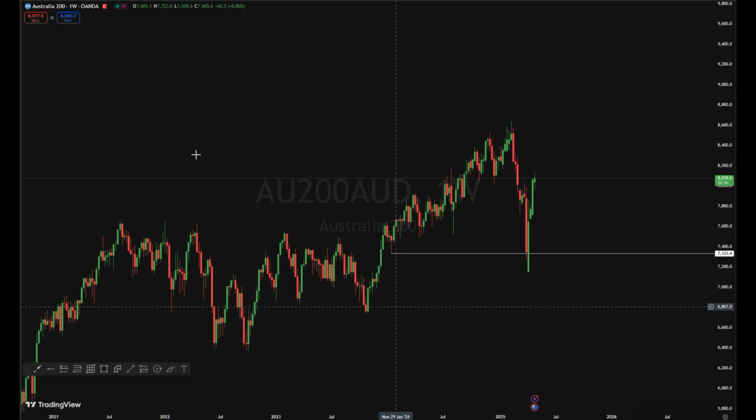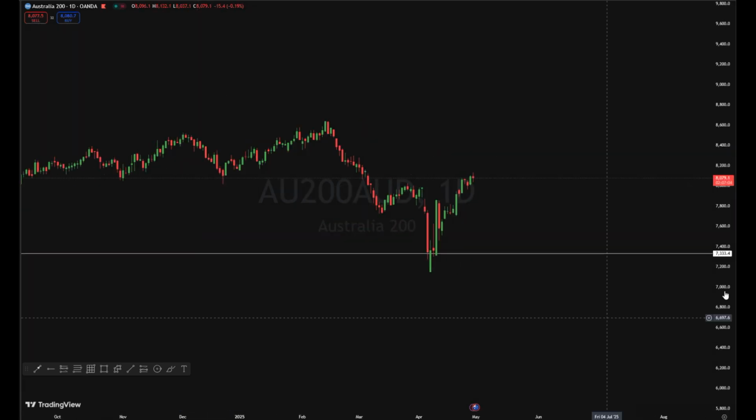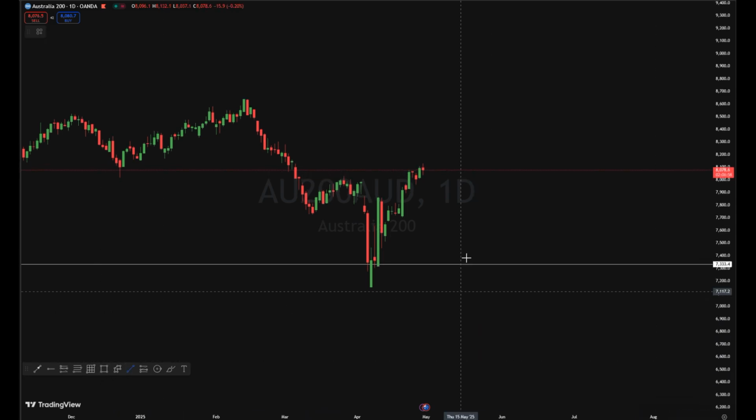Okay, right now we go straight to the daily and see the rejection on the hook point level. As I've explained, I just want to repeat this, guys: also include this in your trading plan. Trust me, it will help you a lot.